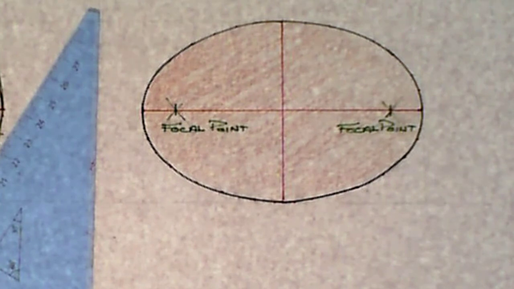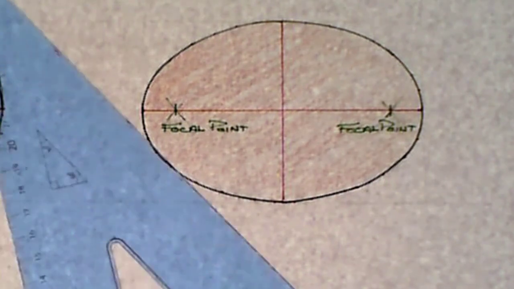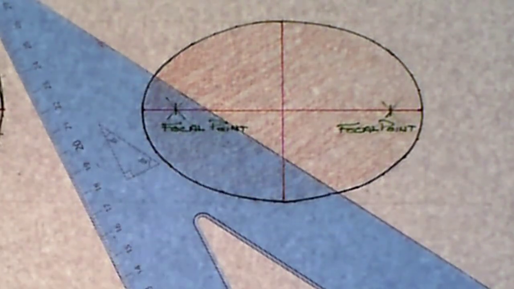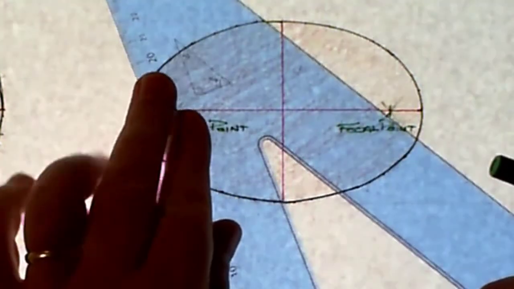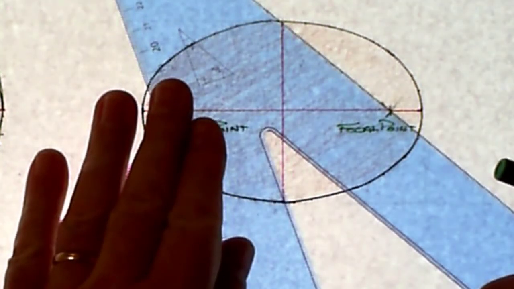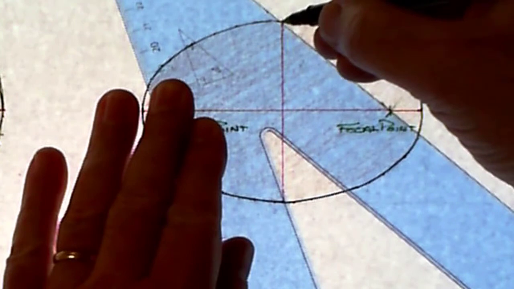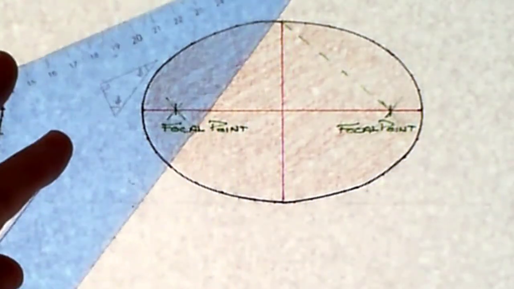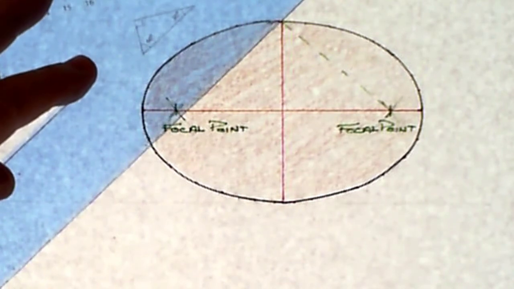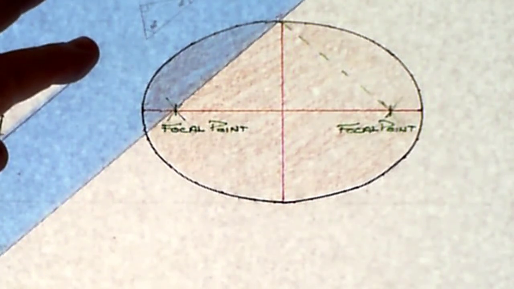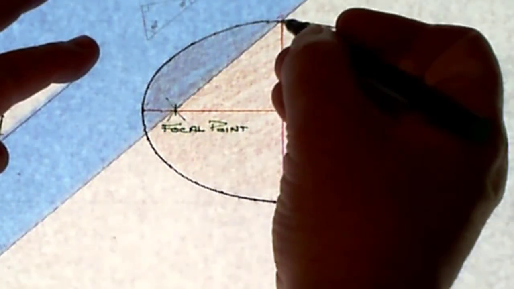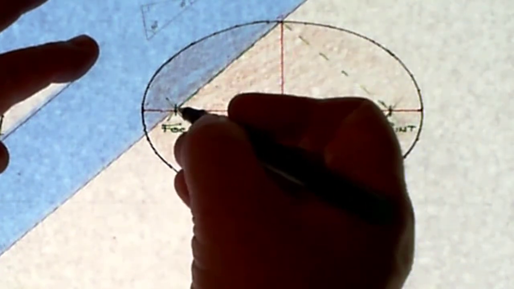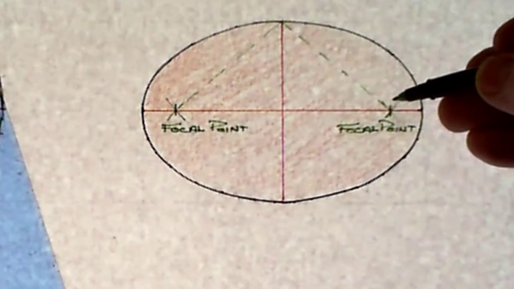Okay, and it's based on a triangle. So the particular triangle, again, if I just use green here, any triangle basically from the focal point, so that triangle there, which is basically how the string would be when it's tightened.